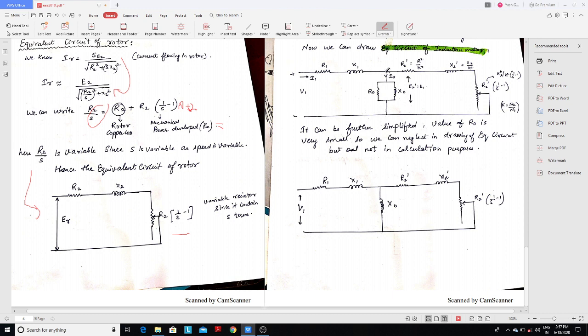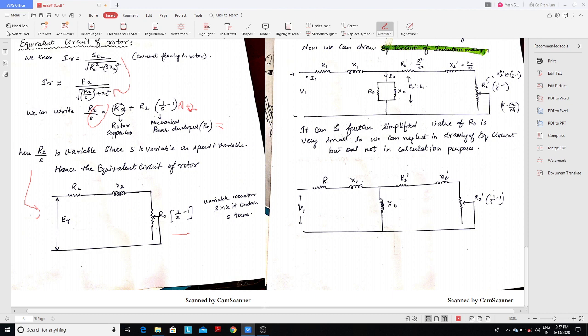It means that we can neglect this parameter in a transformer for simplification of the equivalent circuit, but in an induction motor we cannot neglect this parameter because it is 25 to 40% of the full load current. So we have to include it when drawing the equivalent circuit.